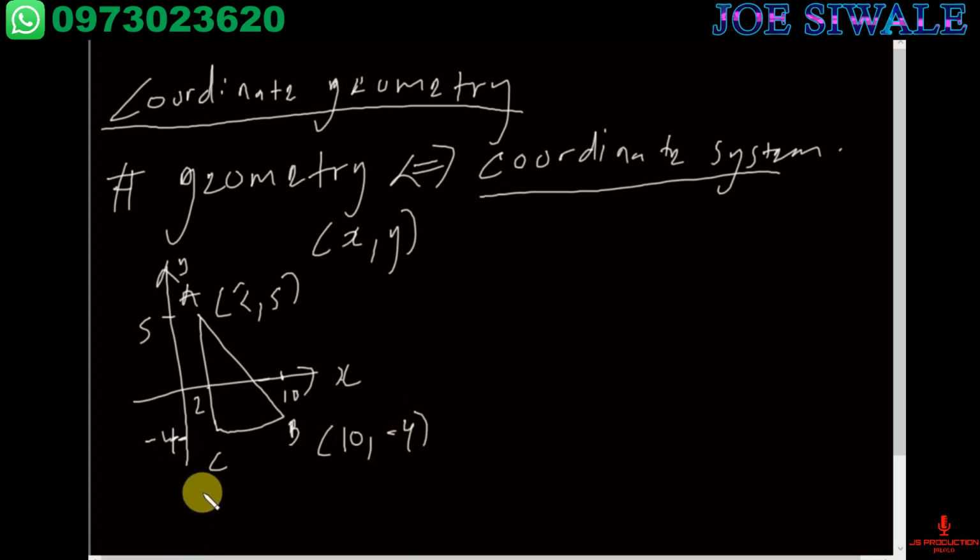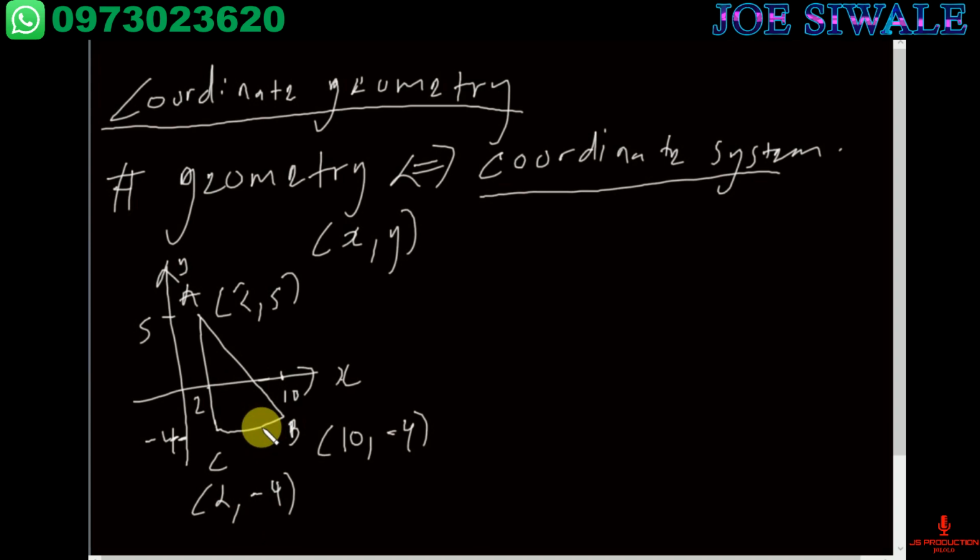The x coordinate of C is 2. Then what about the y coordinate? It's -4.